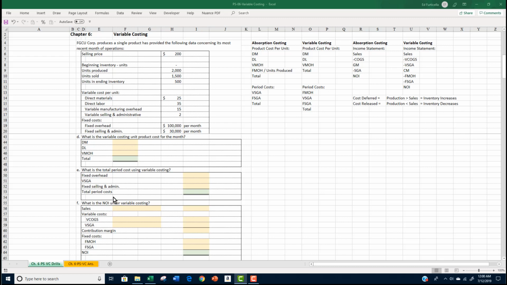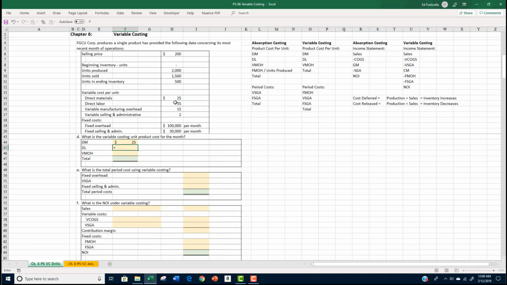Our first step for variable costing is to determine the unit product cost for the month. To calculate it, we add the direct materials amount of $25, direct labor of $35, and variable manufacturing overhead cost of $15 per unit.